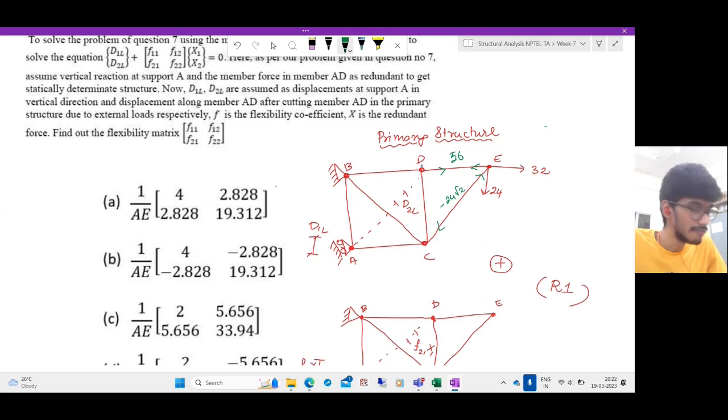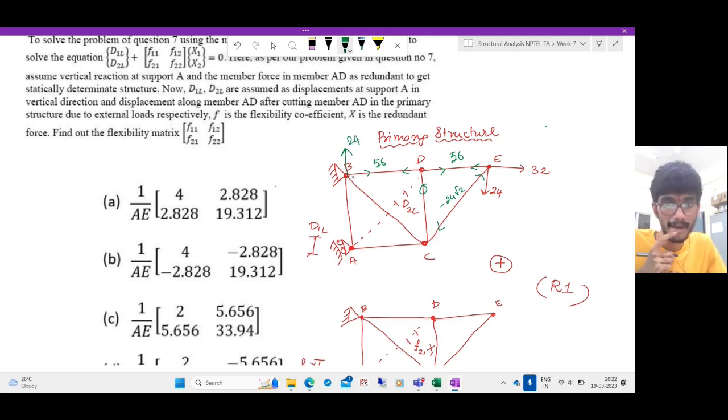Coming to this joint, there is no vertical force. So this is a zero force member. Not only that, this will be exactly 56. And there is no other vertical reaction. So the vertical reaction at this joint should be 24.